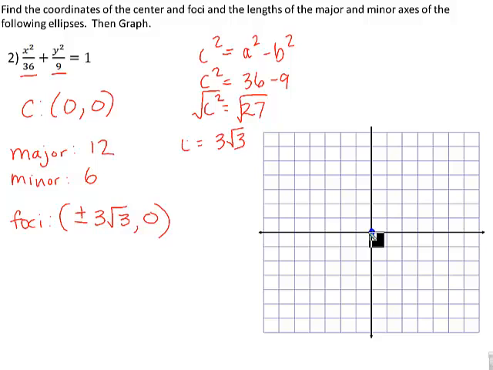So in the x direction, we're going to go 6 each way and put a point. Then we do the same idea for the y. So y squared is attached to 9. So what's the square root of 9? 3. So we'll go 3 each way in the y direction and plot those 2 points.